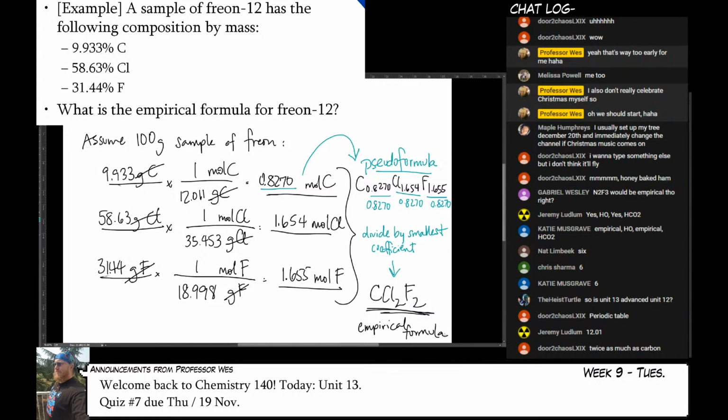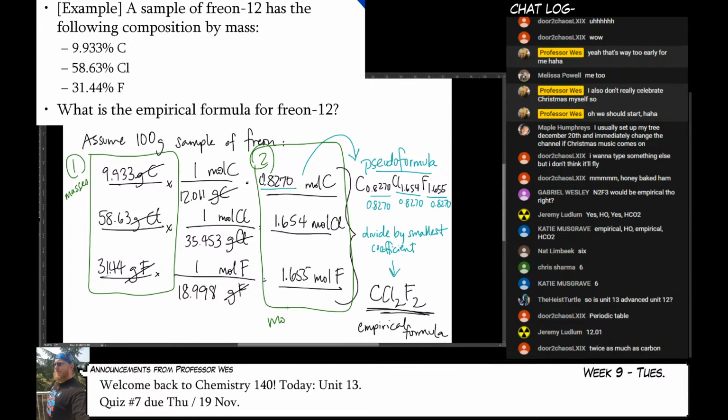Step 1, we figured out the masses of everything. Let me get a darker color here. So here was step 1 where we got masses. And then step 2, we figure out the number of moles.